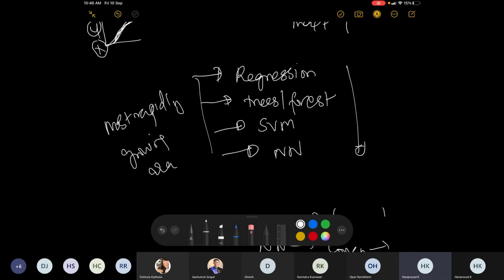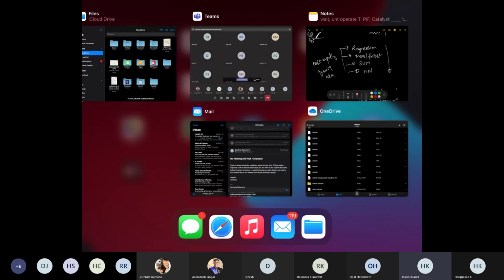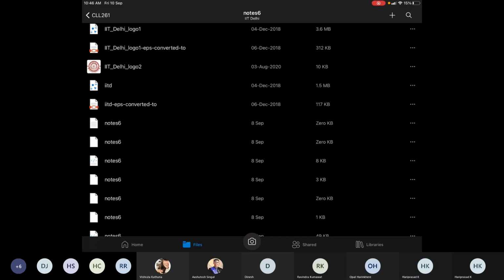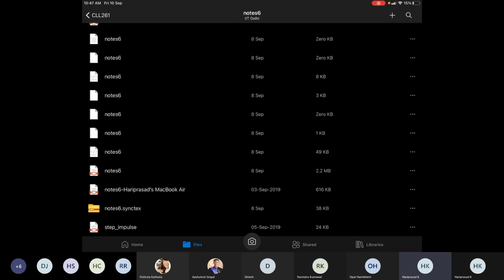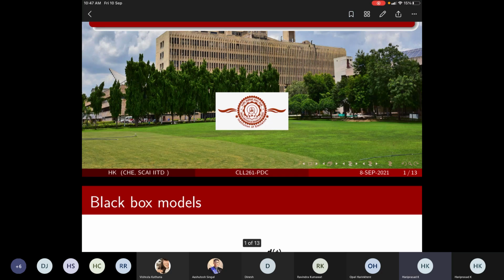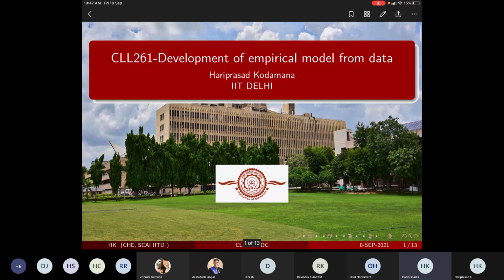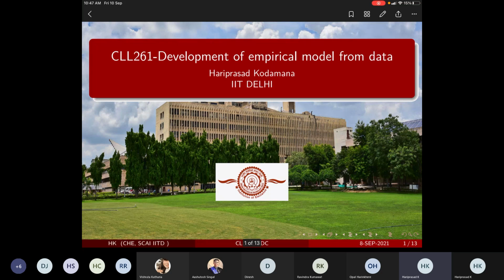Okay. So now let's quickly take a look at some regression. I hope everybody knows regression. Is that the case or not? You have learned regression in your MTL, hopefully, yes?